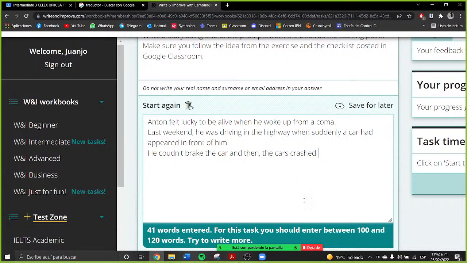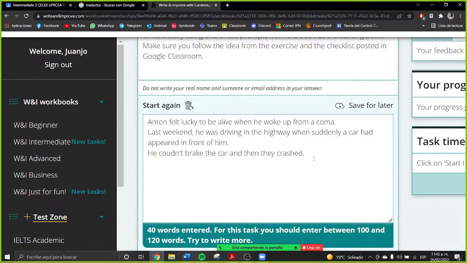Crashed. Pero yo diría que le quitaras cars y después de crashed le pusieras it, ¿no? They crashed. Entonces, and they, pero sin la coma, ¿no? He couldn't brake the car and then they crashed. In this case, is past simple. Aquí toda esta oración es past simple. Well. ¿Así está bien? Yep. Entonces, después otro párrafo.